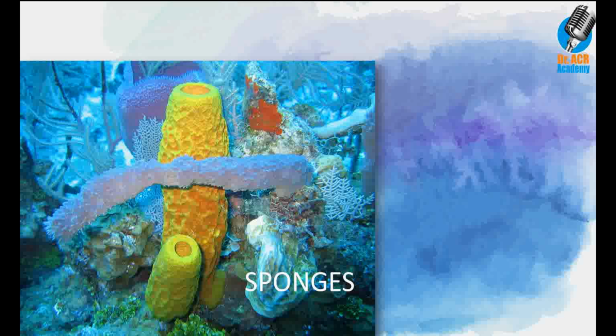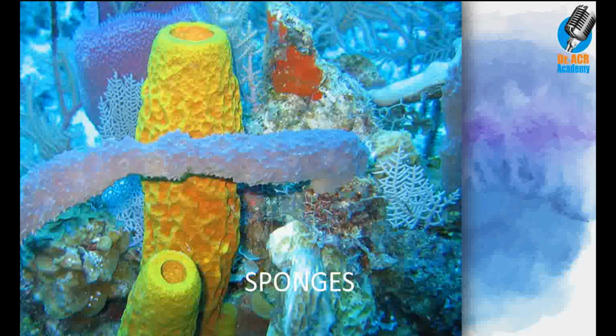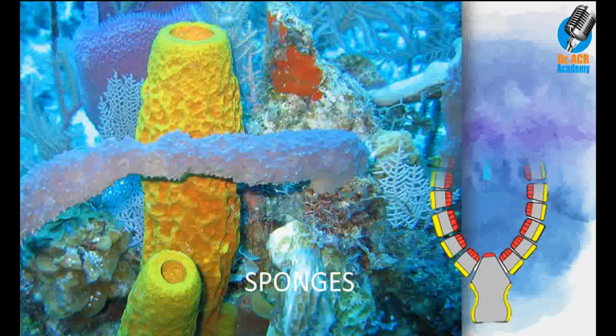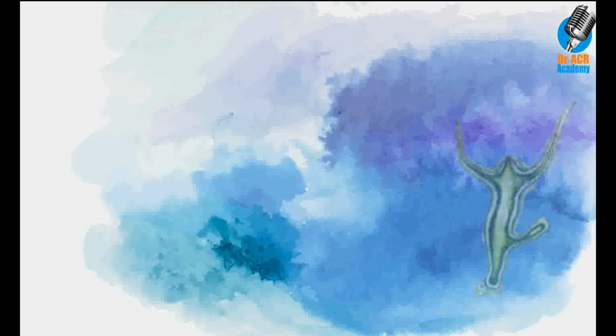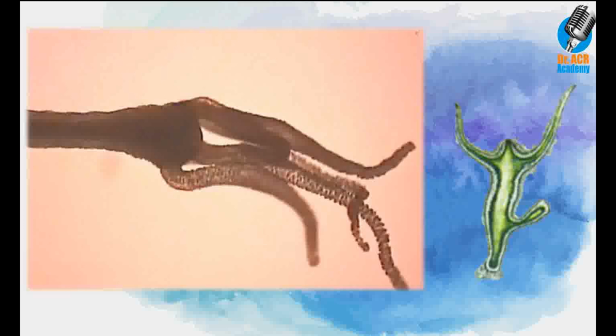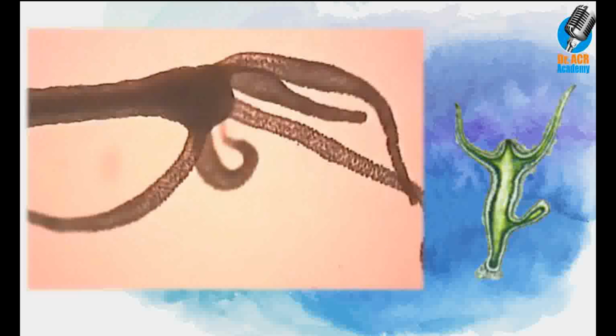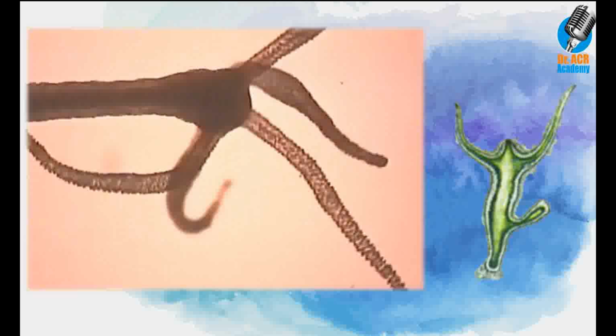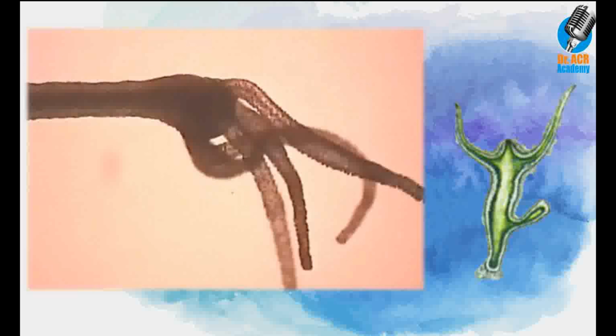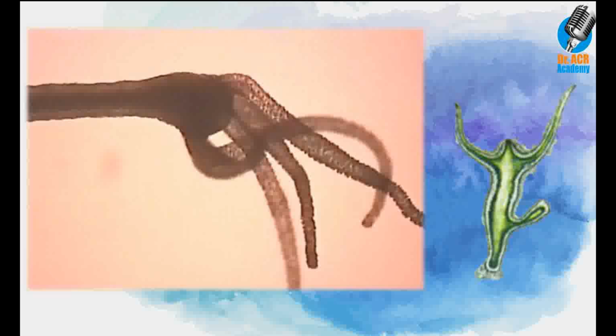Water brings food and oxygen as it enters their body and carries waste materials and carbon dioxide away from these organisms as water goes out of them. Therefore, these animals do not require a separate mechanism, that means a separate circulatory system along with a circulating fluid such as blood, to perform all these activities.